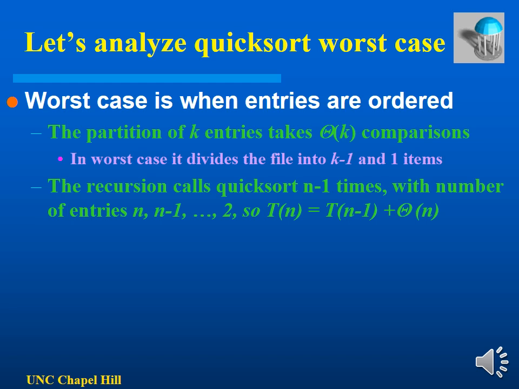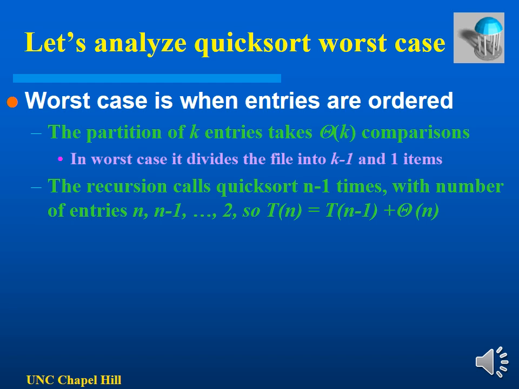So it's dividing the file into the partitioning element and a subfile of size k minus 1. Only then do we have a file of only one element smaller than we had, and we have to quicksort it.